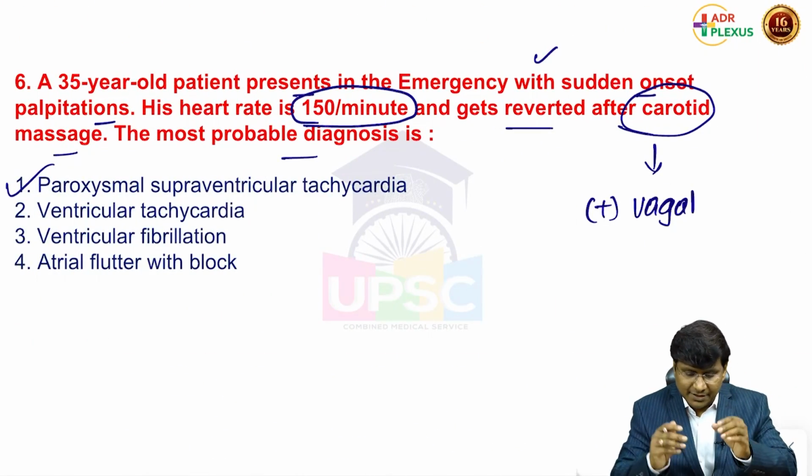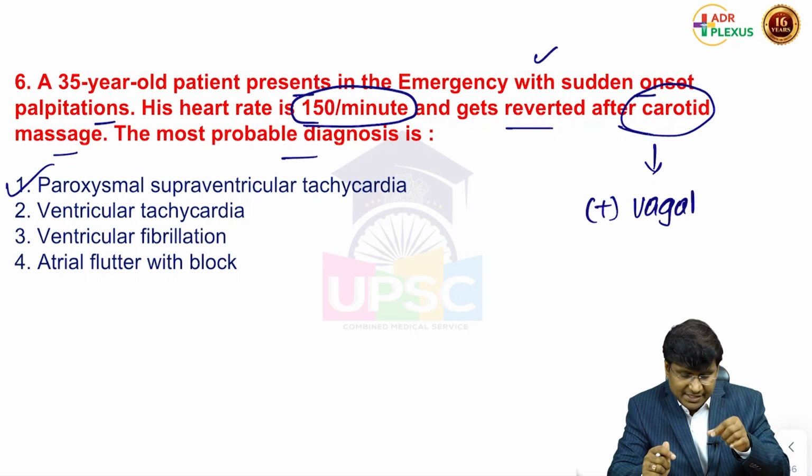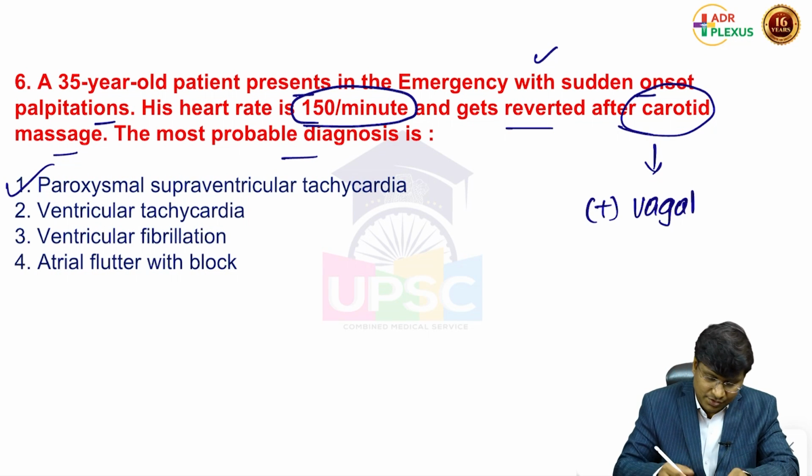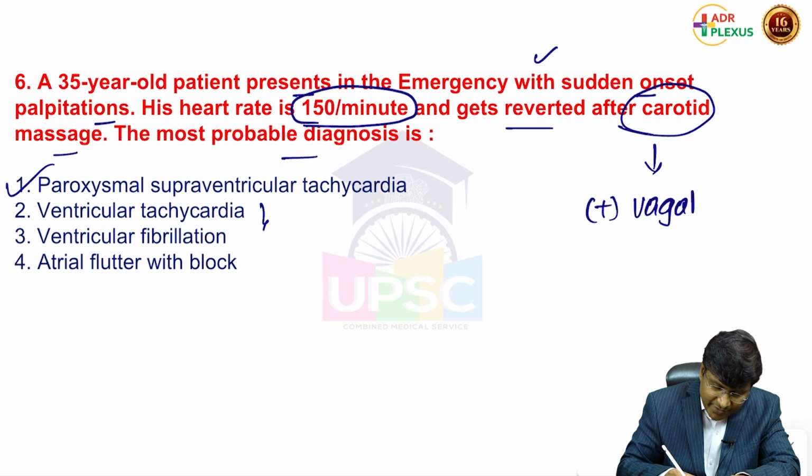Now how will the ECG look in the case of the other options? You take ventricular tachycardia and ventricular fibrillation. These are the wide complex tachycardias. Let me show you these ECGs as well.